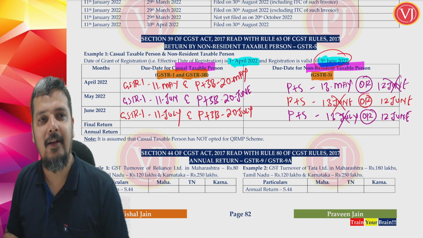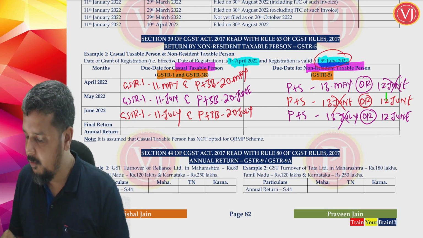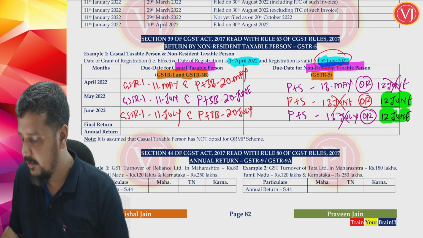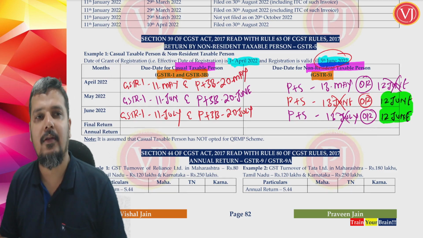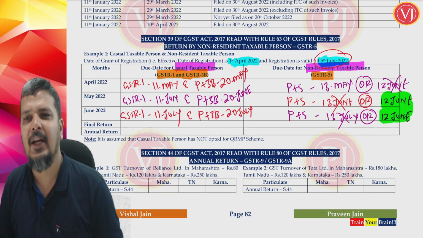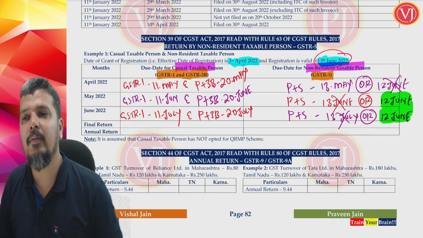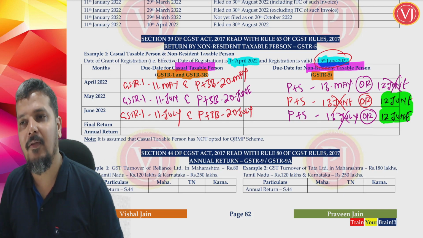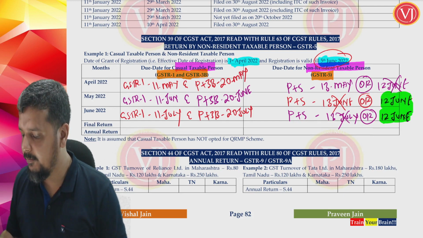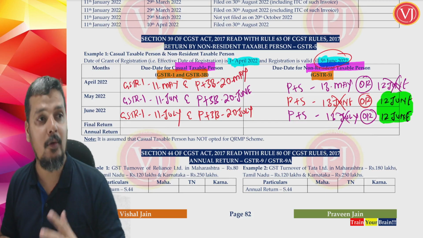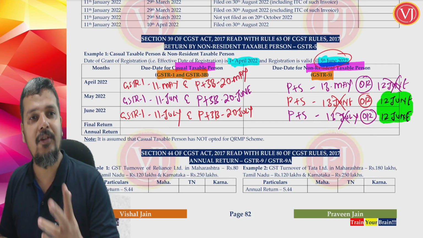Now surprisingly you will find that for 2 months the due date is the same. It may not be the same always, but given the data, in this case for 2 months the due date is the same. For the entire May month and for the first 5 days of June month, the due date is the same for both months. You have to file 2 GSTR 5, by the way.